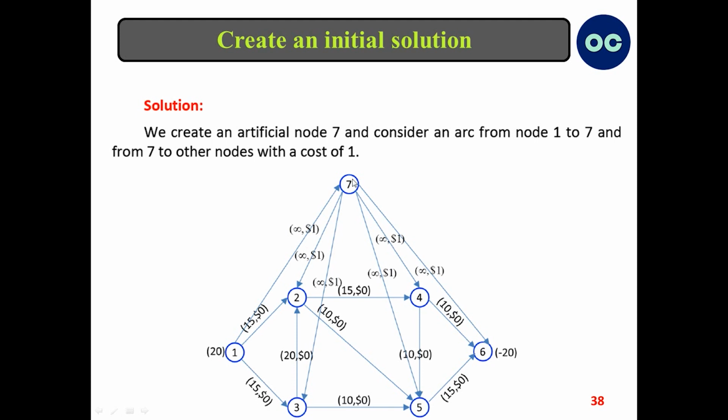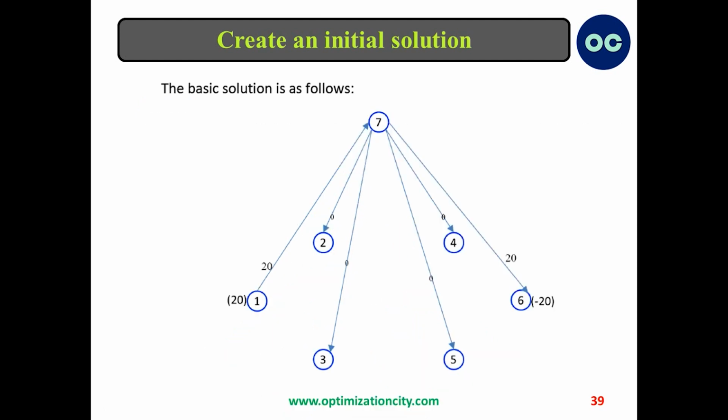And create arcs from node 7 to all other nodes with the cost of 1: so 7,2, 7,3, 7,4, 7,5, and 7,6. The cost of the other arcs is equal to 0. The resulting basic solution is as follows. This is the initial basic solution for the simplex method for finding an initial feasible solution.